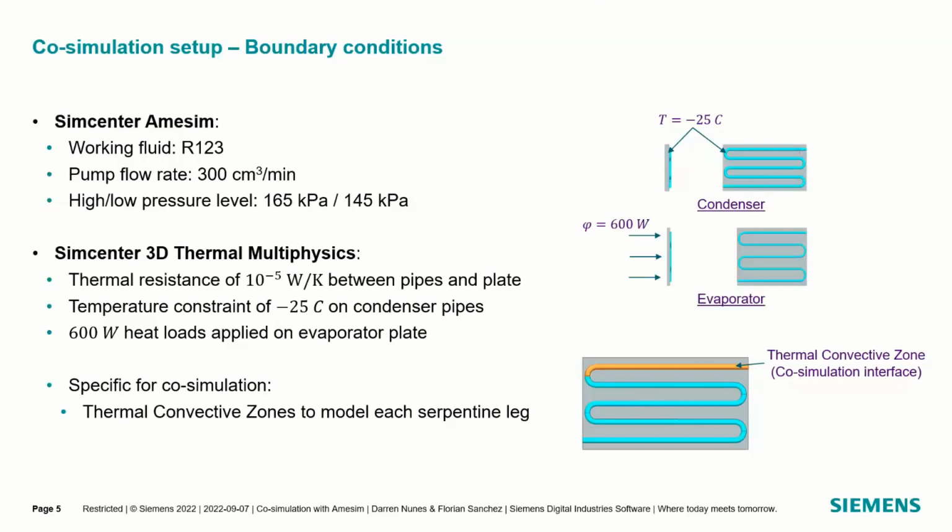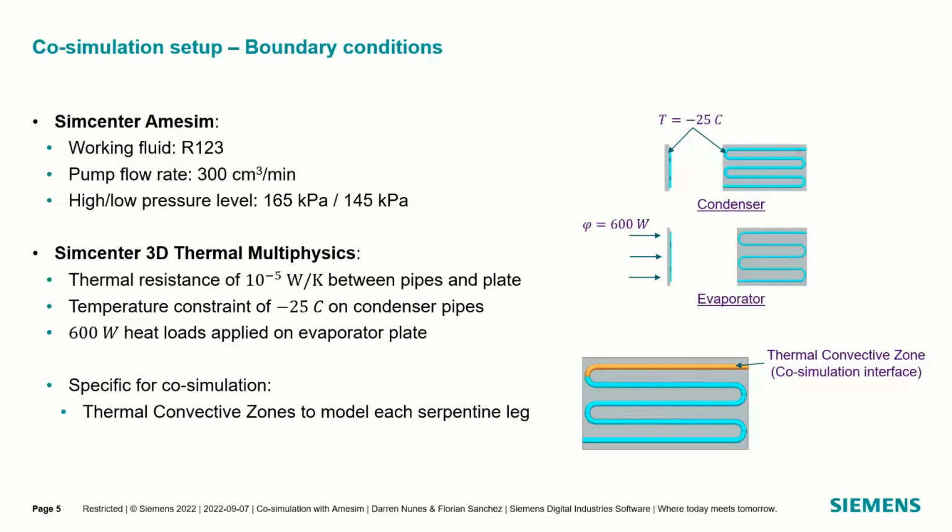Then on the 3D side, in thermal multiphysics, we had to model completely the condenser and evaporator geometry. For that, we used a reference paper from which we derived the geometry, and we decided to use a 5-leg condenser and evaporator geometry.